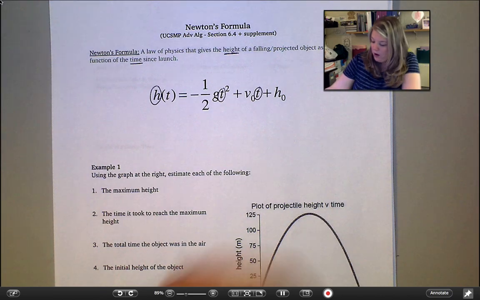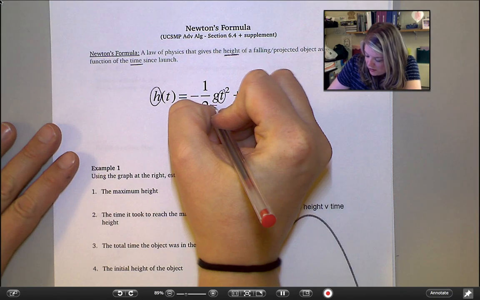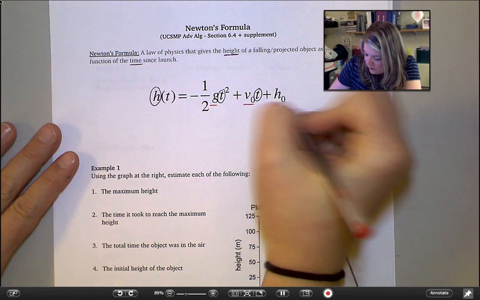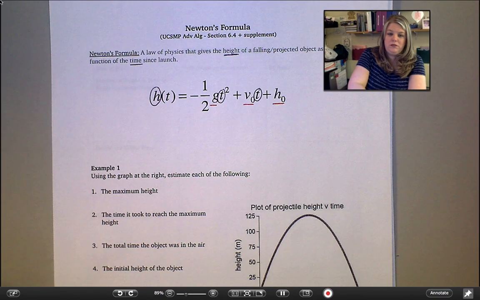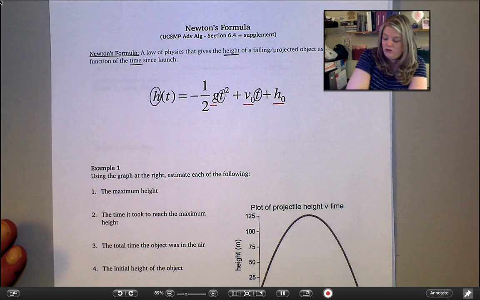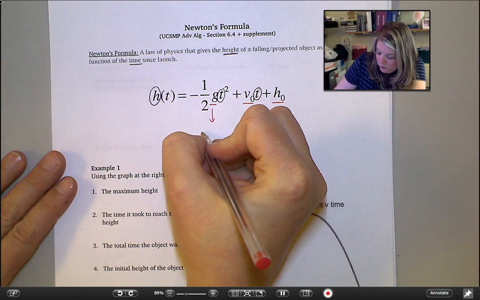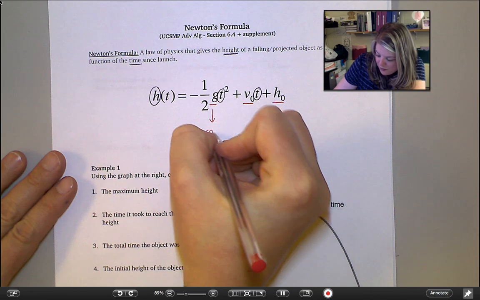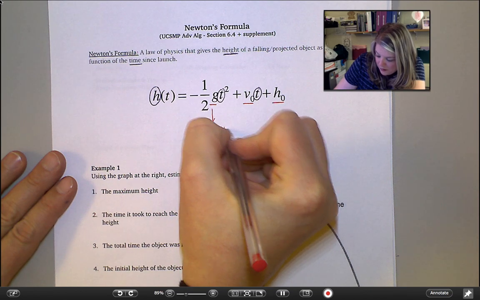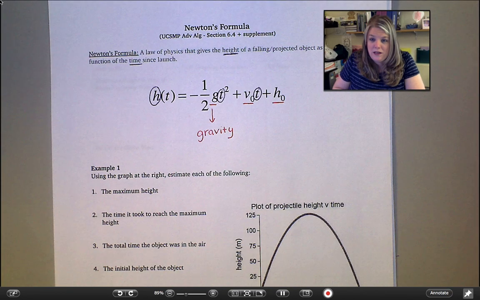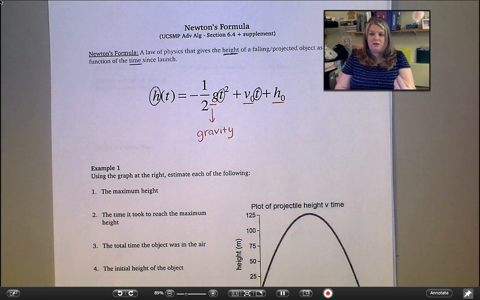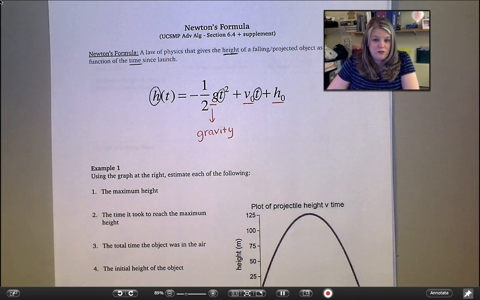The places where you are going to put numbers are the G, the V sub 0, and the H sub 0, okay? Starting with the G, this one's kind of a weird one. This is really meant to measure the force of gravity, and specifically, it's the amount of force that gravity is applying to whatever object is falling or being thrown.